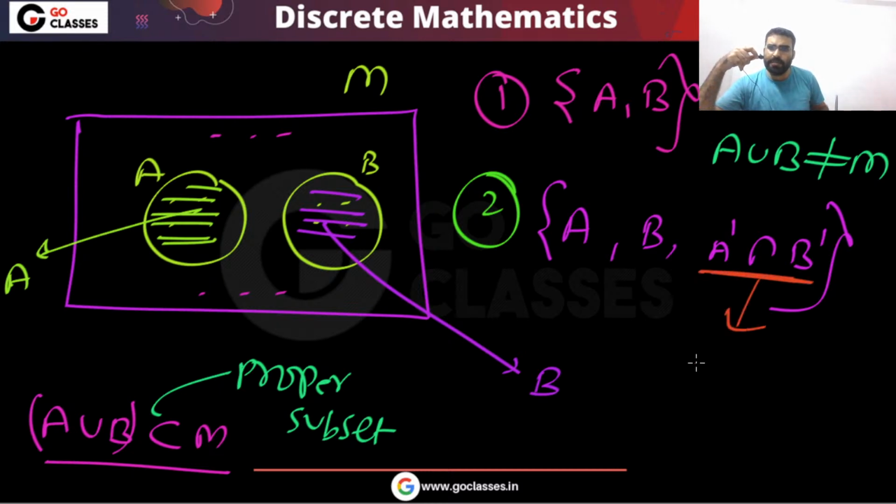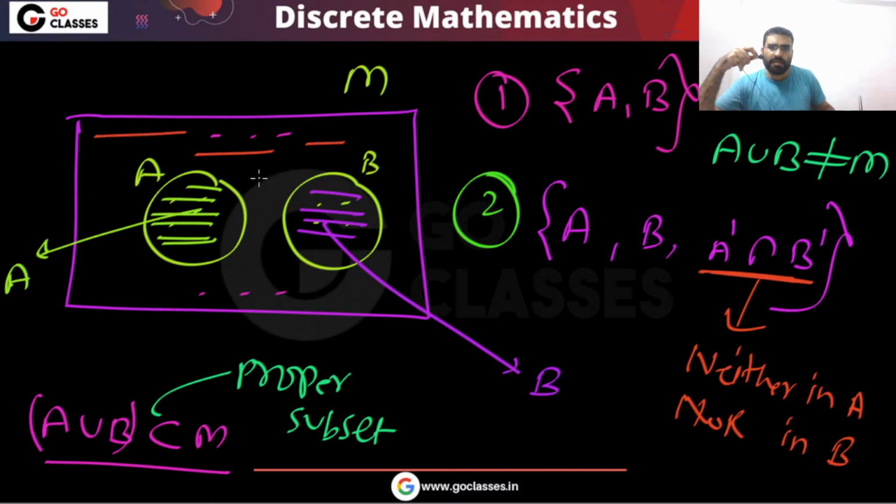A complement and B complement means neither in A nor in B. This outer area is A complement and B complement.